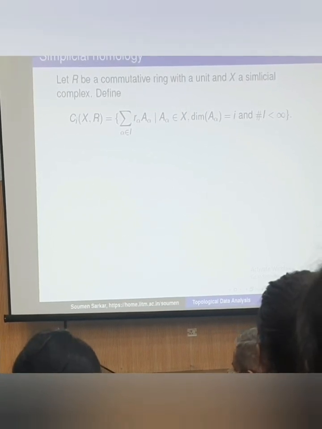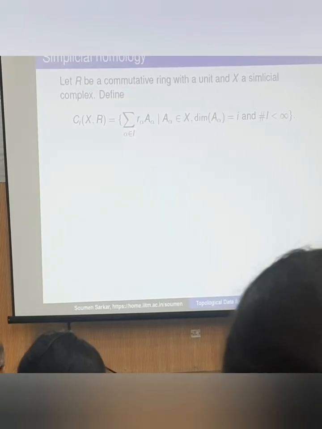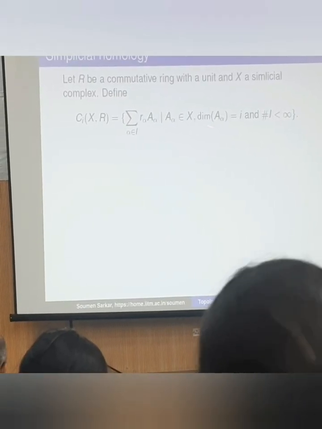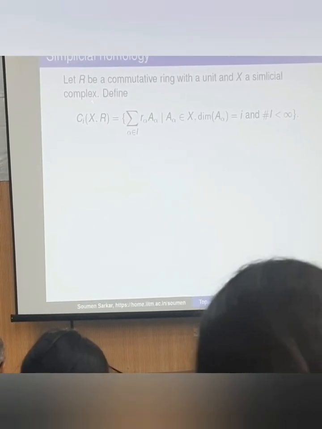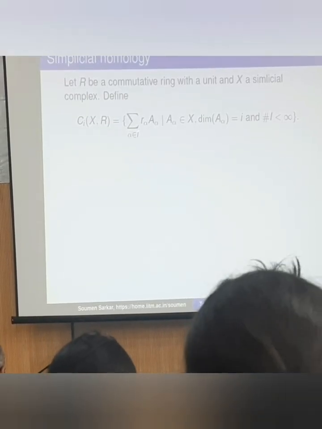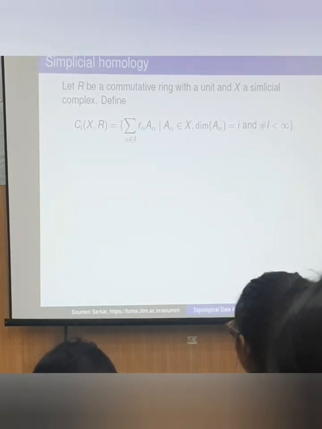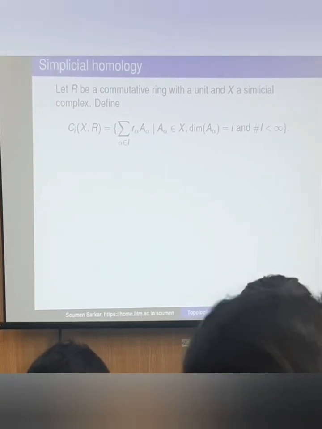So it looks like a linear polynomial. The coefficients come from some field, I mean a ring. Here it is a ring or field, whatever you assume. This is a finite sum, so it makes sense, right? We should be clear about that.